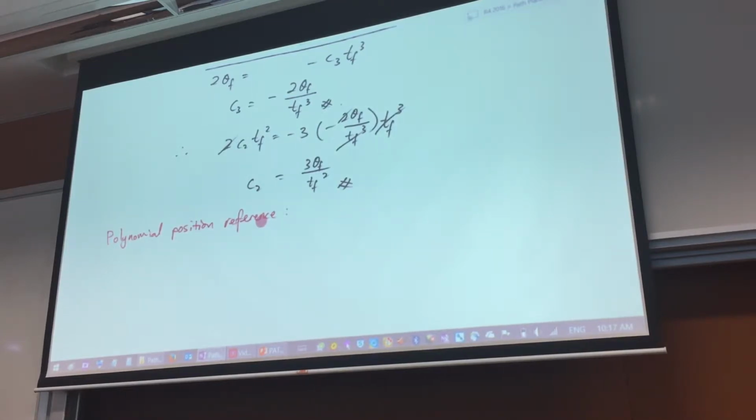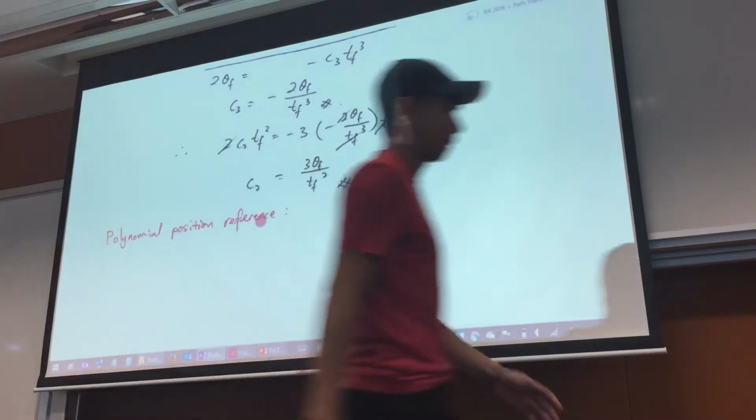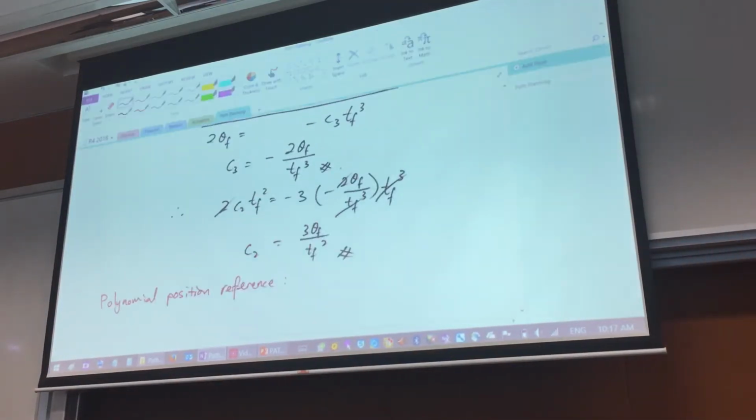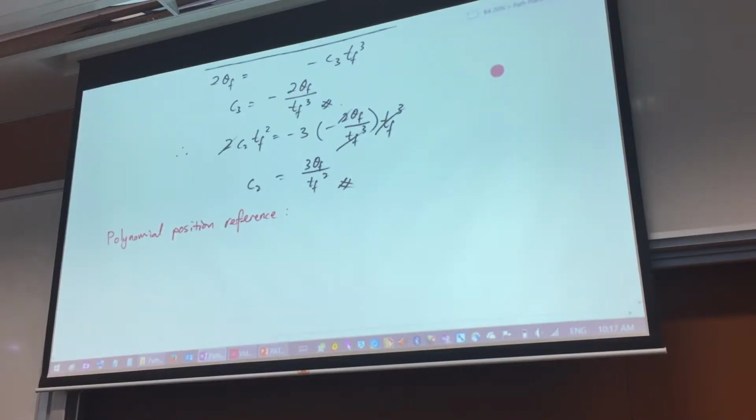Yeah, because it's today, here over here, right? If you miss that, then you're on your own. Okay? So please remember that. Polynomial position reference. What is that? That means this is asking you what is theta t with all your coefficients coming in. So your C0 and C1 will be 0. So C2, I'm going to use that 3 theta F divided by TF squared.